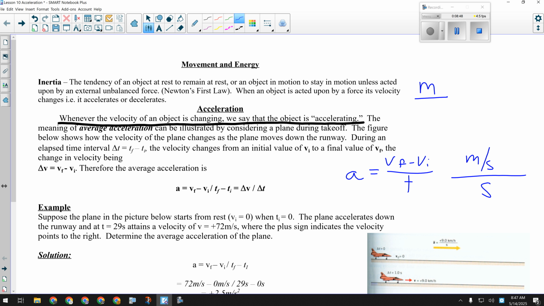So if I take meters per second and I divide it by seconds, is that the same as seconds over 1? Is it okay to say that? If I want to divide fractions, what do I do to this one? Flip it. Right. I flip it and then I don't divide, but I multiply. So what I end up with here is this.